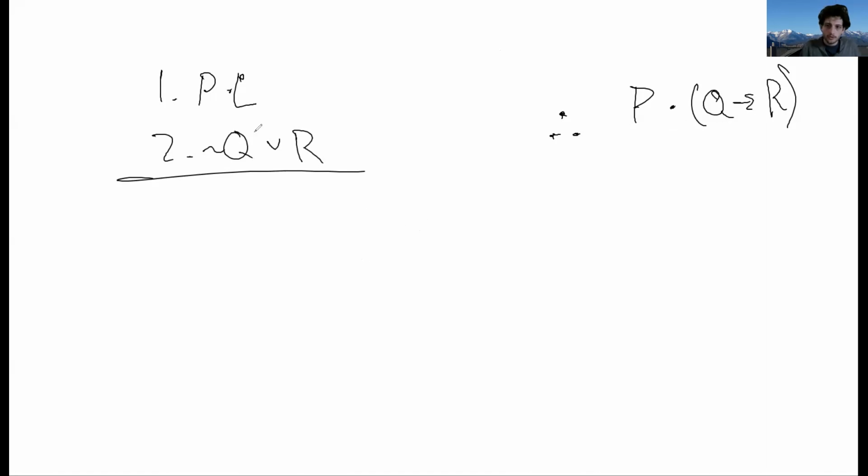But what I could do, I jump back over to my premises and I realize that I've got to start off with some sort of old school logic rule. And luckily, premise 1 is set up nicely for a simp. Actually, I think I do want to change this just slightly to make the point.